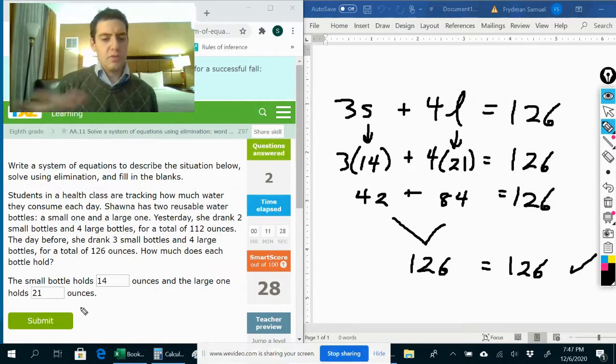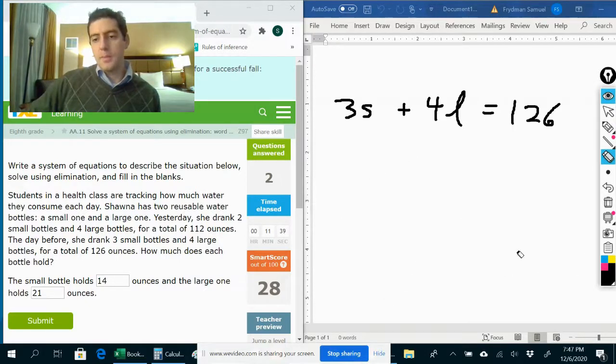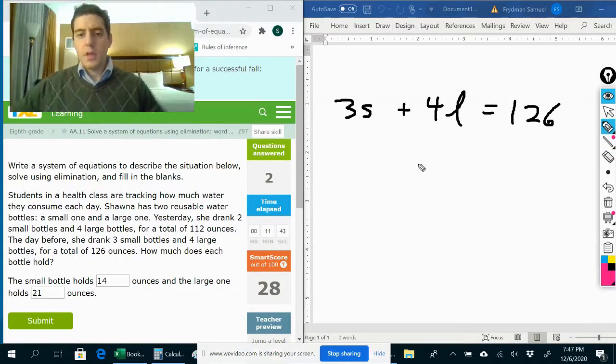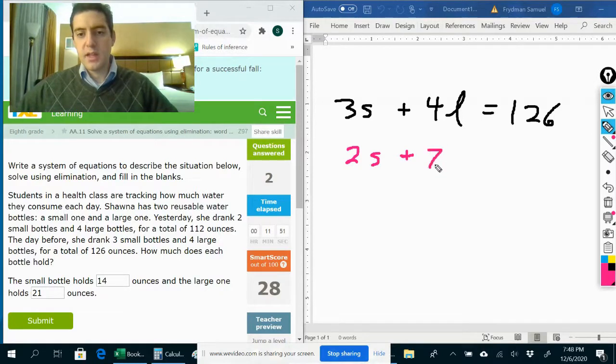The only thing I'll mention, I don't know if they do this, but at some point, just a reminder, if you were to end up with something like, I'm just going to make some numbers up here, let's say 2S plus 7L equals 126.